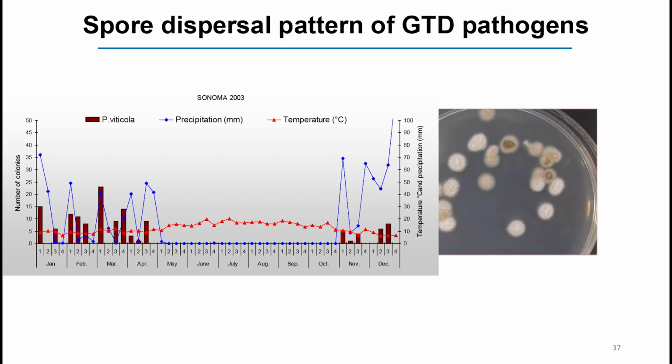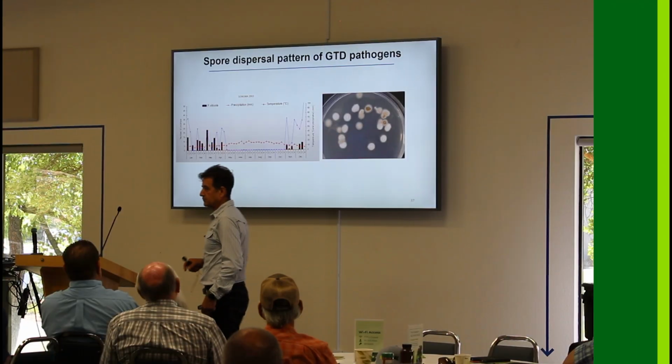I say precipitation, not rain specifically, because at dew point, fog could also activate these fruiting bodies. Whenever we had precipitation and rain, we trapped spores, which are the bars in this area. From May to October here in Sonoma, there was no rain and no spores, and in late October through December, more rain and more spores. It's very, very correlated with the spores.